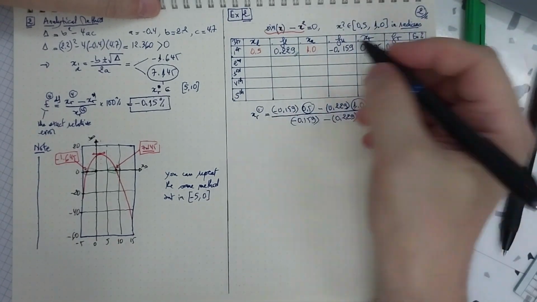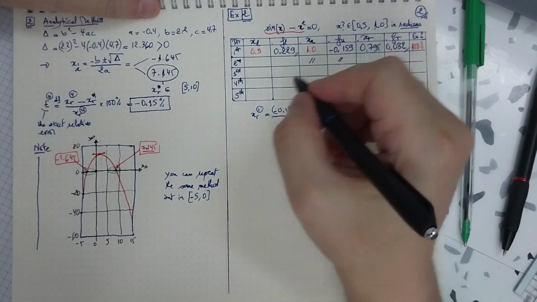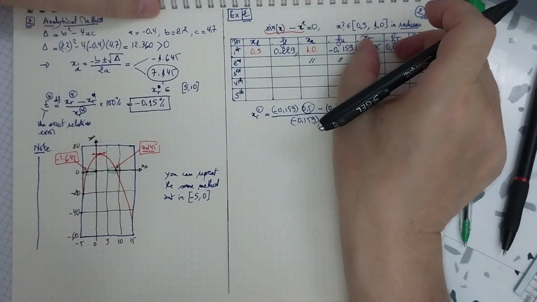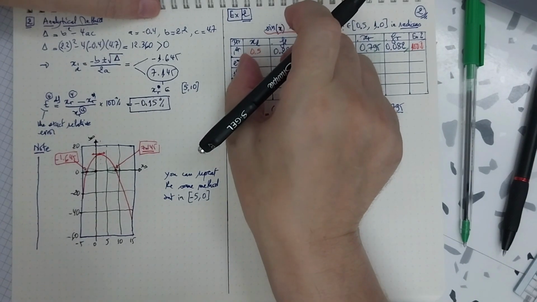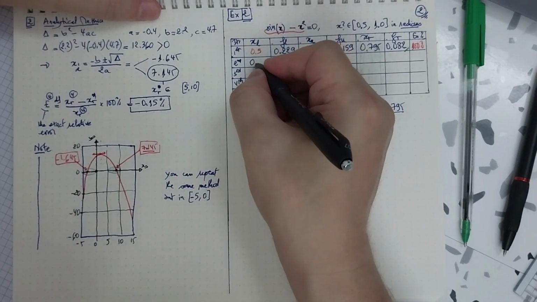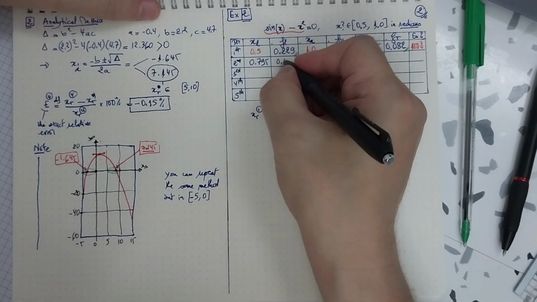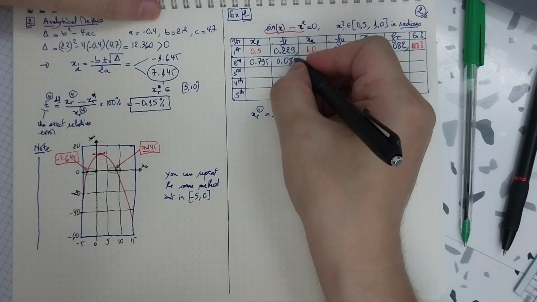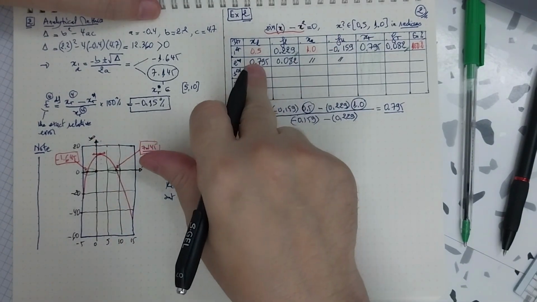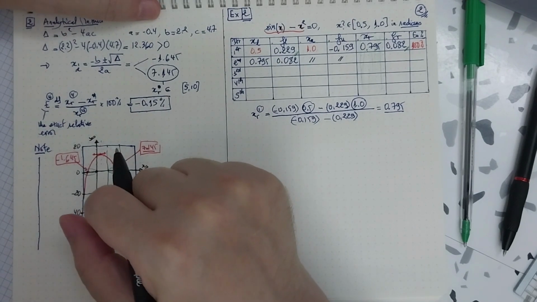And the right means I keep xu and its image, and I take xr and fr, put them here as a new bound. The new lower bound is 0.795, and its image is 0.082. So this is our new lower bound.